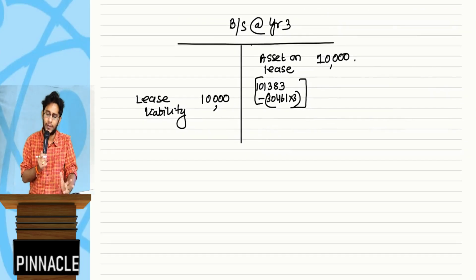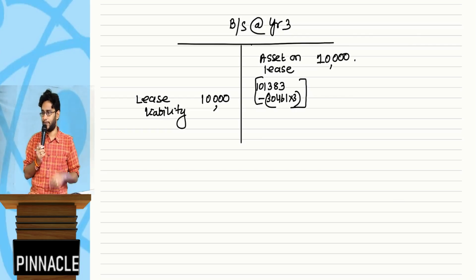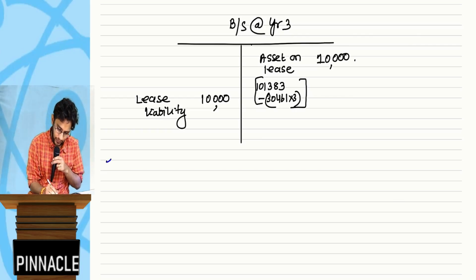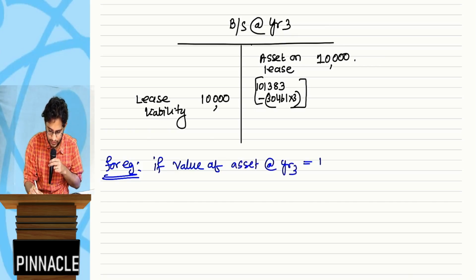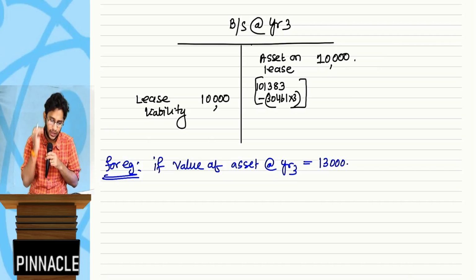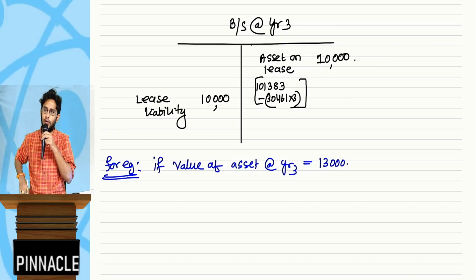Now it depends how the accounts will get closed. For example, if the value of the asset at year 3 is 13,000, think and tell me how much I have to pay to the lessor. One shot, correct answer I want.